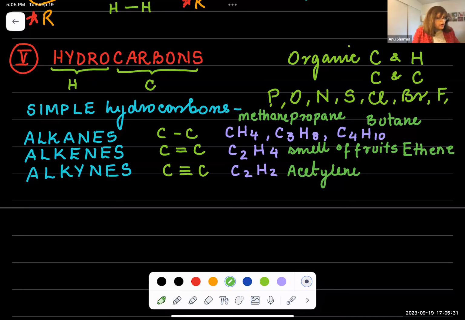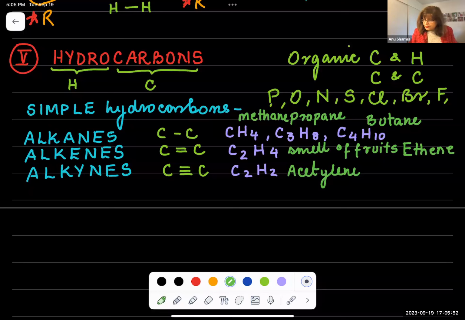Now, I'm not going to cover the properties of any of these, because properties are easy if you understand hydrogen bonding and the intermolecular forces.